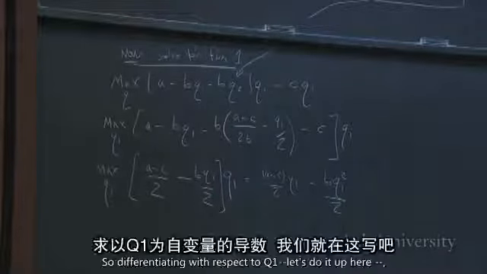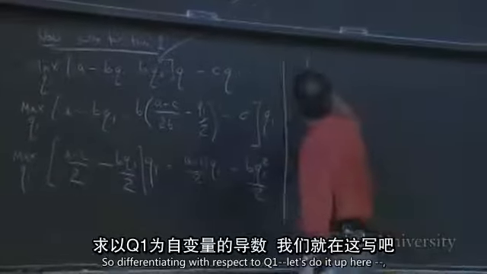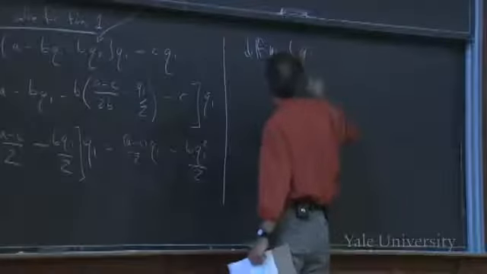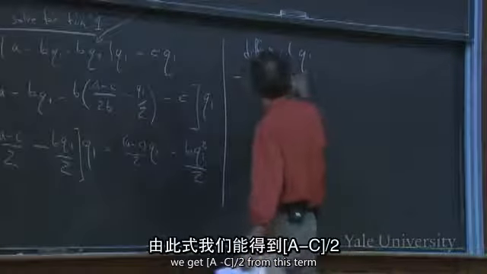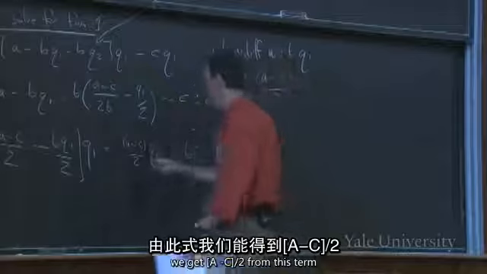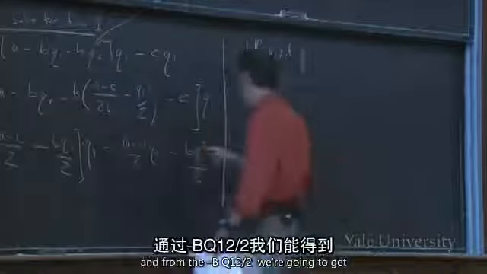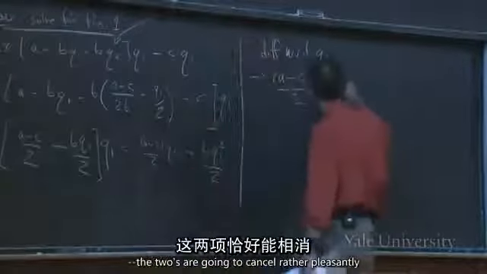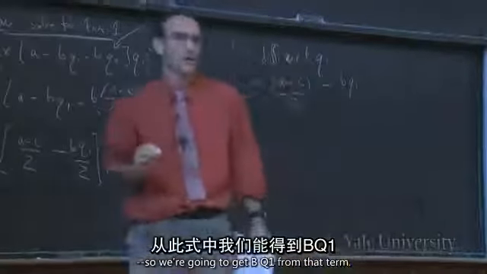Differentiating with respect to Q1, we get (A minus C) over 2 from this term. And from the minus BQ1 squared over 2, the 2's are going to cancel rather pleasantly, so we're going to get minus BQ1 from that term.